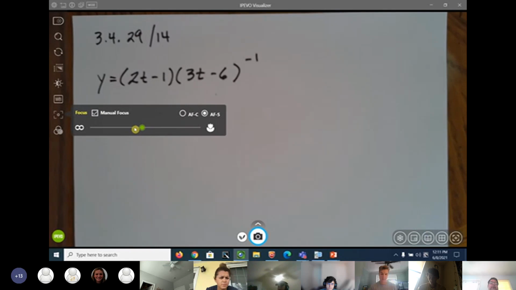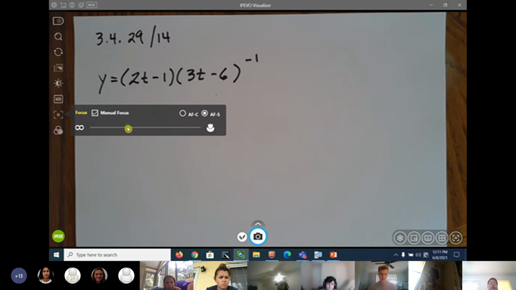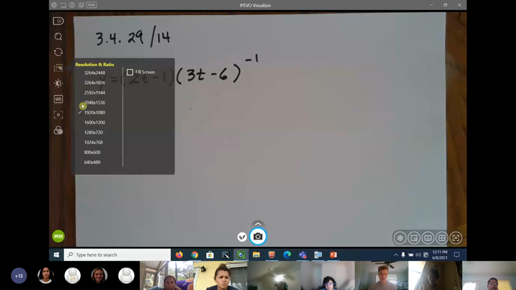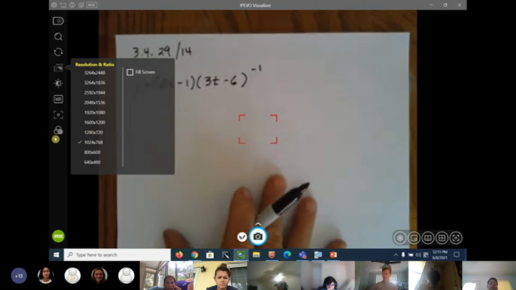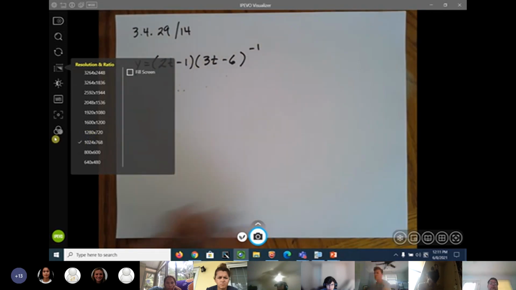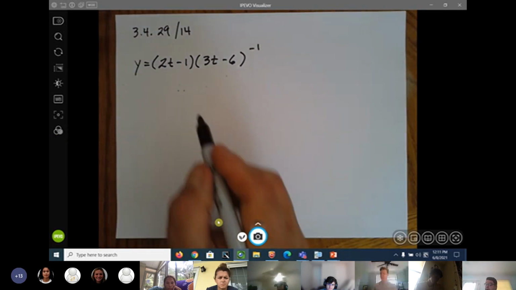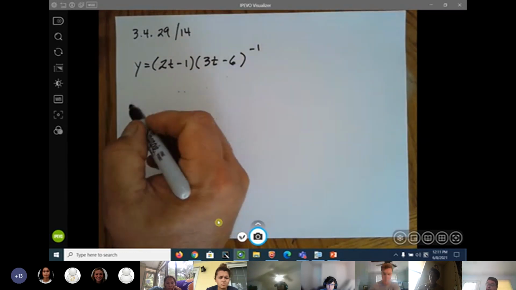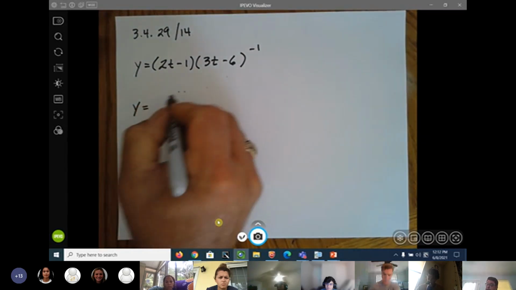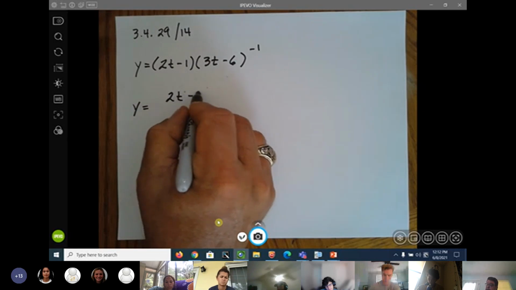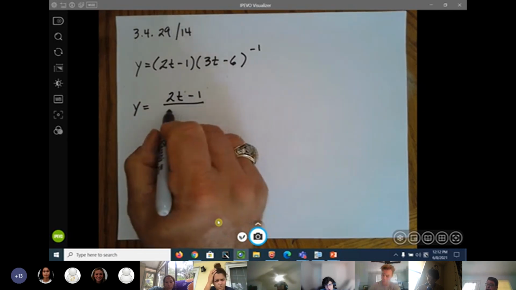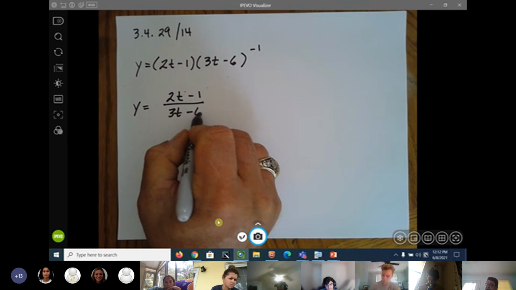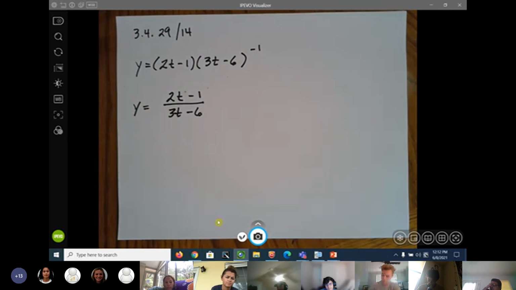So I'm going to rewrite this, since I don't know how to do the chain rule here. I'm going to rewrite it as y is equal to 2t minus 1 over 3t minus 6. And now you got the quotient rule.